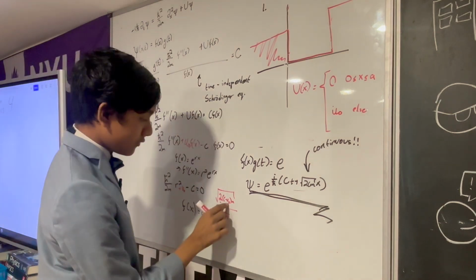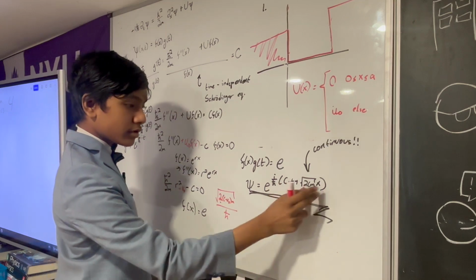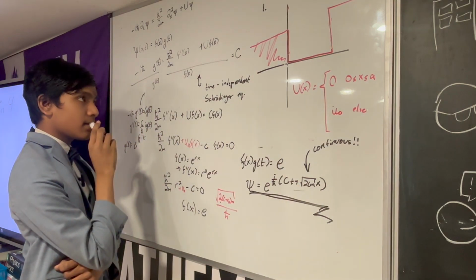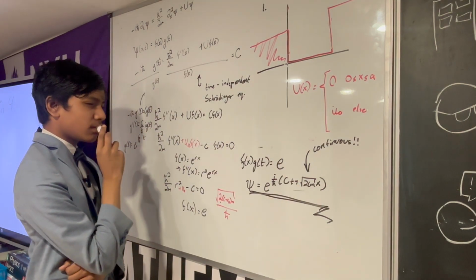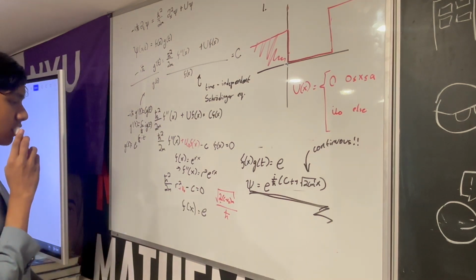And if u naught is bigger than c, or vice versa, then we're going to decay. Wait a second.